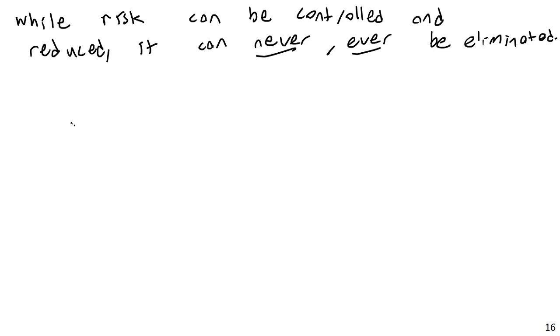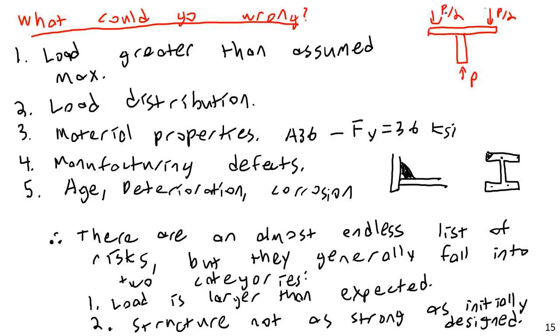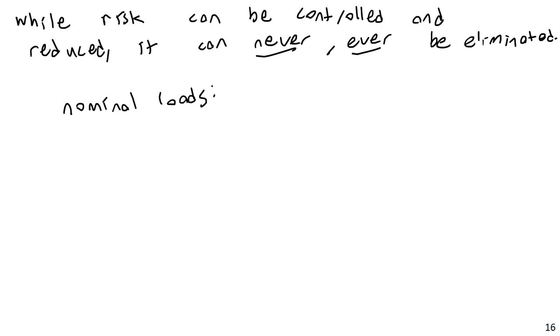And this is why we have nominal versus ultimate loads. Nominal loads: an example of a nominal load would be this P over 2. That is my best guess of the heaviest load of a certain type this thing will ever encounter. But I haven't considered any risk into that number.